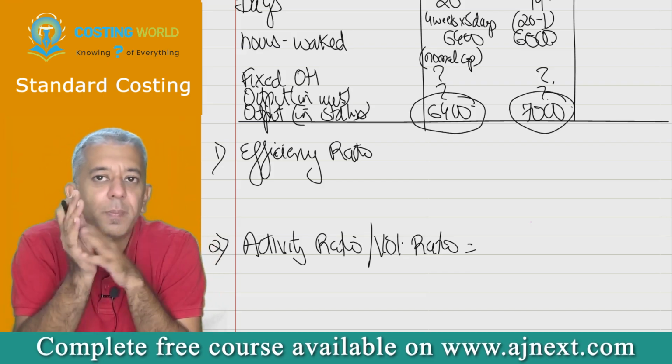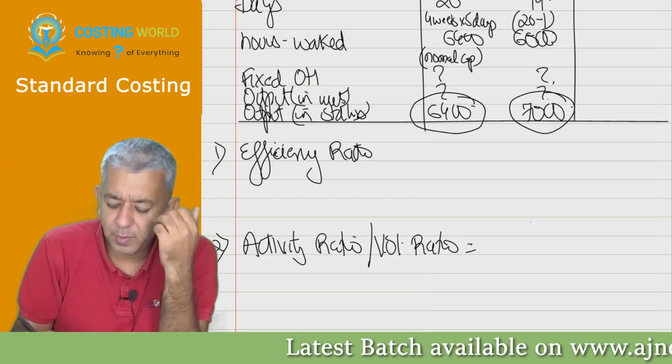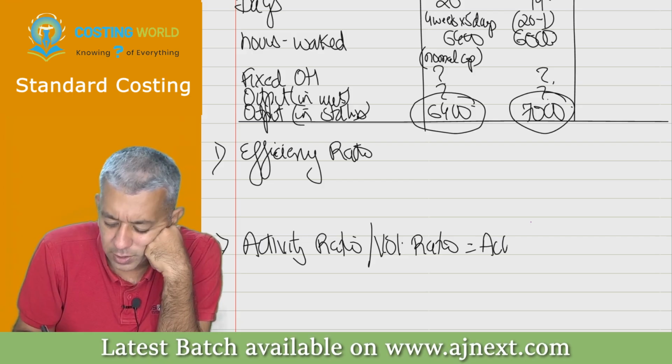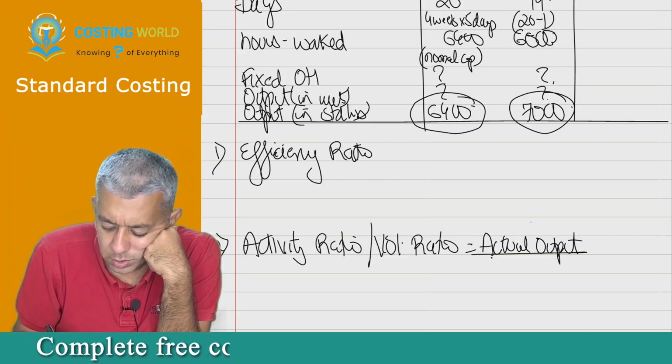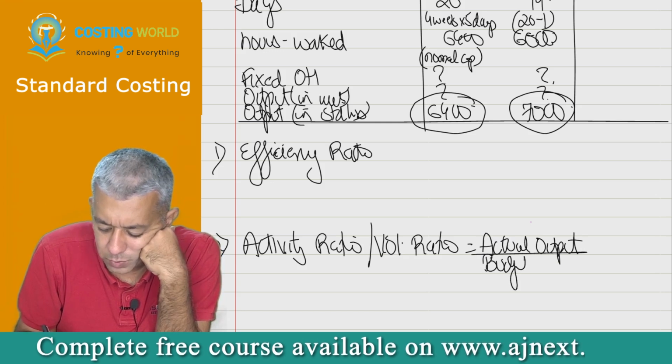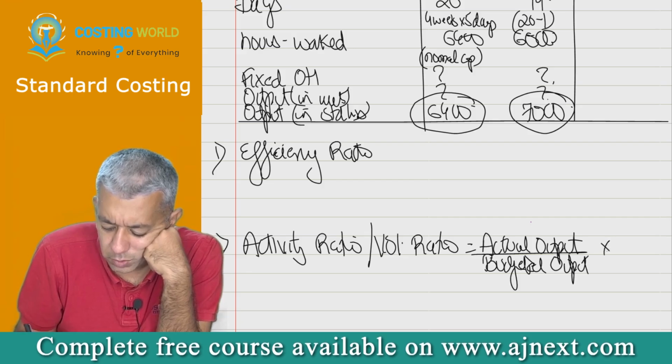Tell me, variance would have been adverse or favorable? Favorable. So, numerator will be bigger, right? So, therefore, you can write down actual output divided by budgeted output into 100.